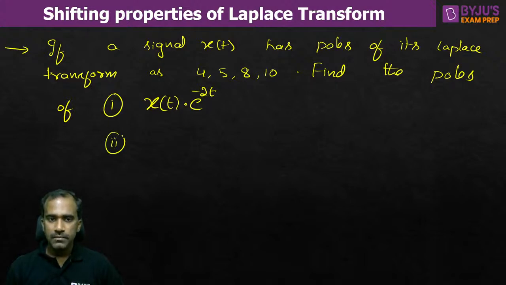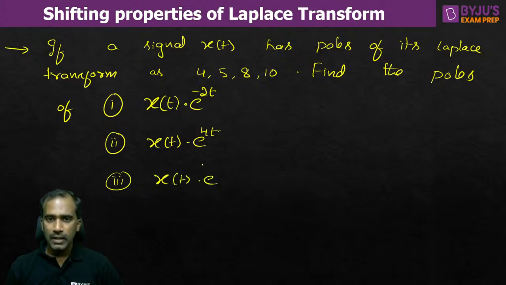Second question, x of t multiplied with e power 4t. Third, x of t multiplied with e power 3t plus x of t multiplied with e power minus 4t.